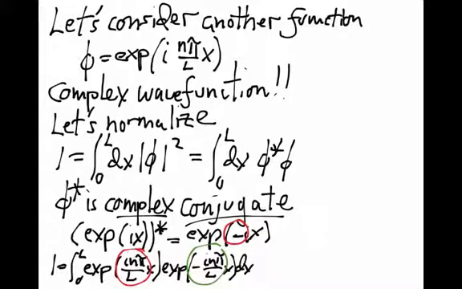So I've got e to the i n pi over L and e to the minus i n pi over L. It's the same number, plus and minus. Well, e to the x times e to the minus x is equal to 1. So this thing is just the integral from 0 to L of dx, and that's just equal to L. So the thing is really easy to integrate.